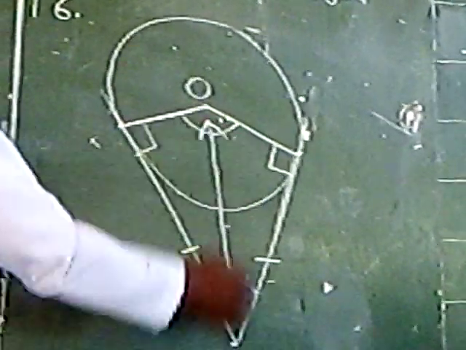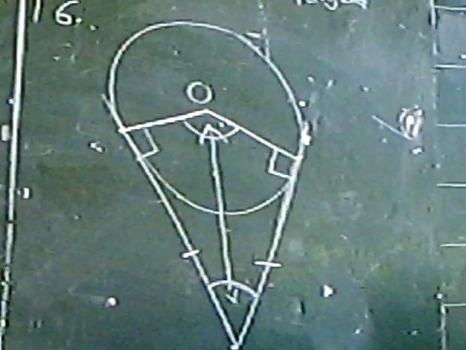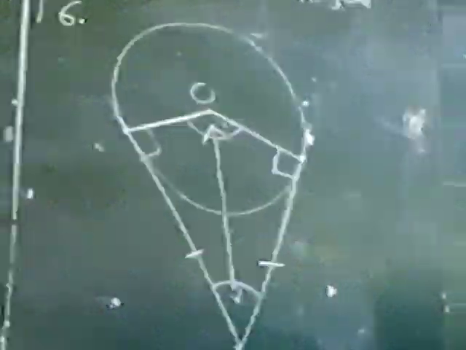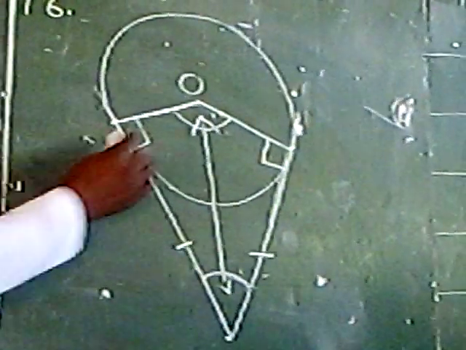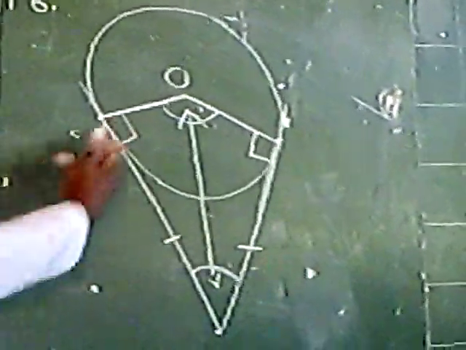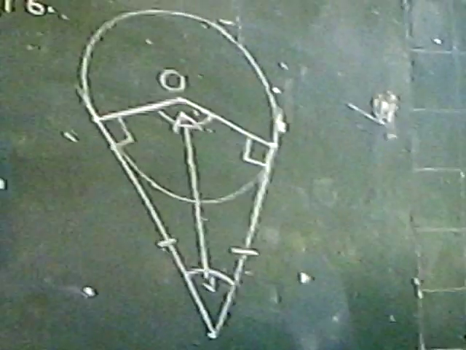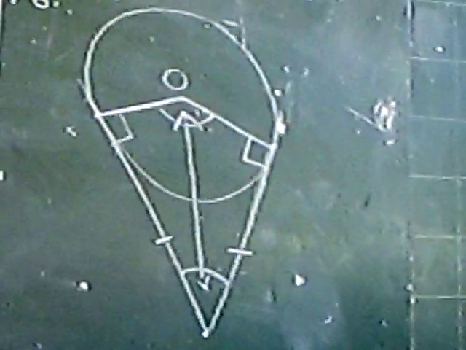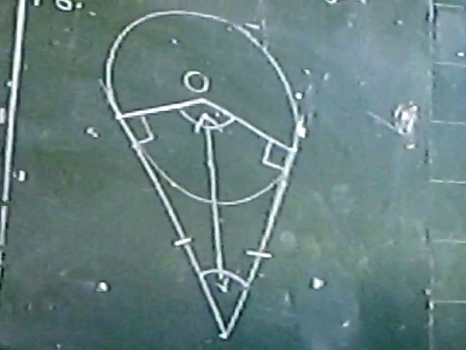They add up to 180 following this particular theorem. And the same is true of this angle and this other angle. If you add these two angles, you get 180. So please take note and try to appreciate this.